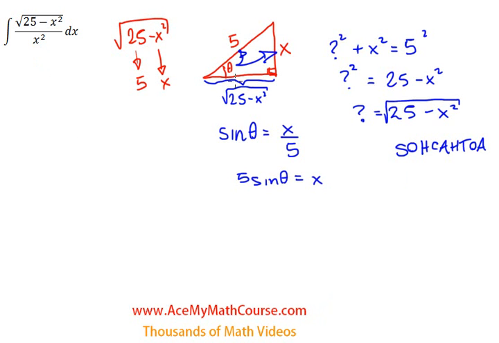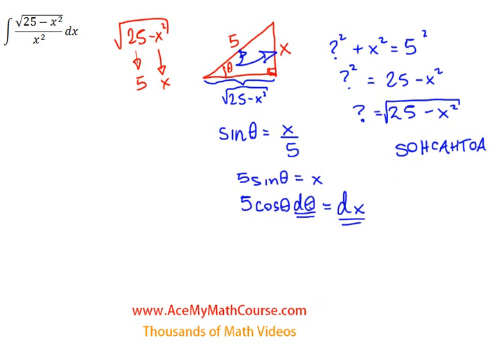Because we're essentially doing substitution here, I will take the derivative of both sides and end up with differentials on both sides. So we get 5 cosine theta d theta, don't forget the differential, because the derivative of sine theta is cos theta. And on this side, the derivative of x is 1, so that's just the differential dx.